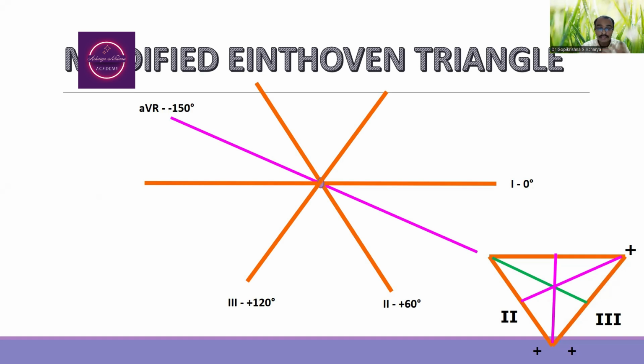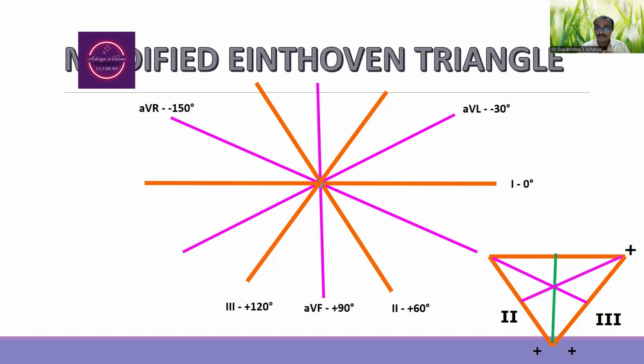This is AVR. It is made in such a way that the positive pole of lead AVR is situated at minus 150 degrees. AVL is present at minus 30 degrees.